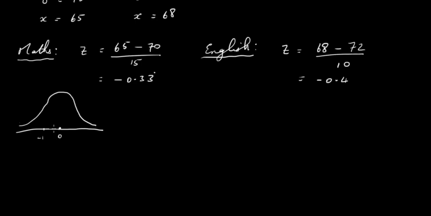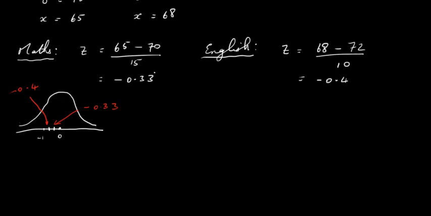So minus 0.33 would be here, and minus 0.4 would be here. So we can see that she's further to the right, if you like, along the scale here in maths.